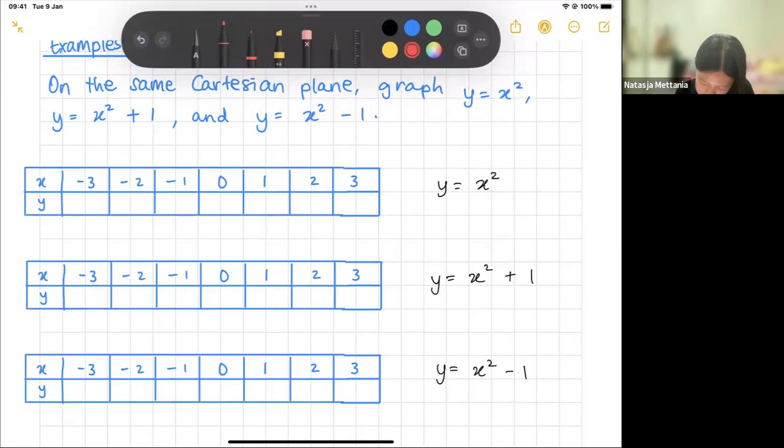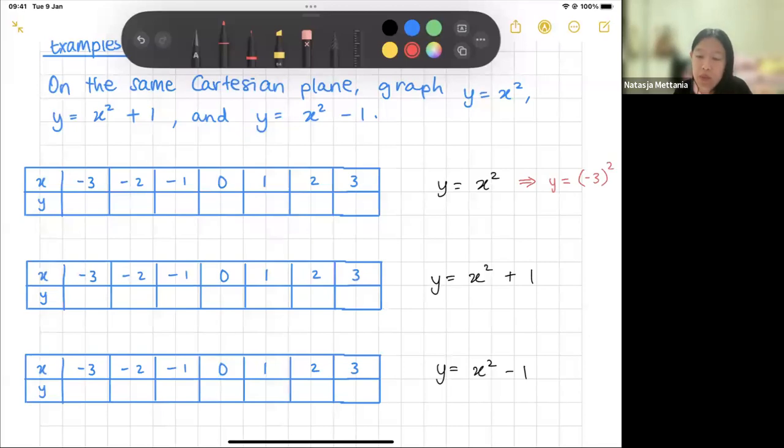Then I'm just going to substitute. For this one right here, my x value is -3. So I'm going to go y equals. When I put this into the calculator, you need to have your brackets: bracket, -3, close the bracket, squared.